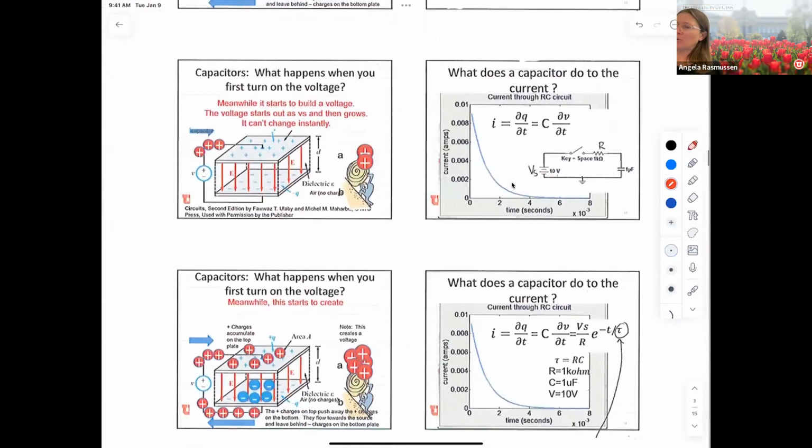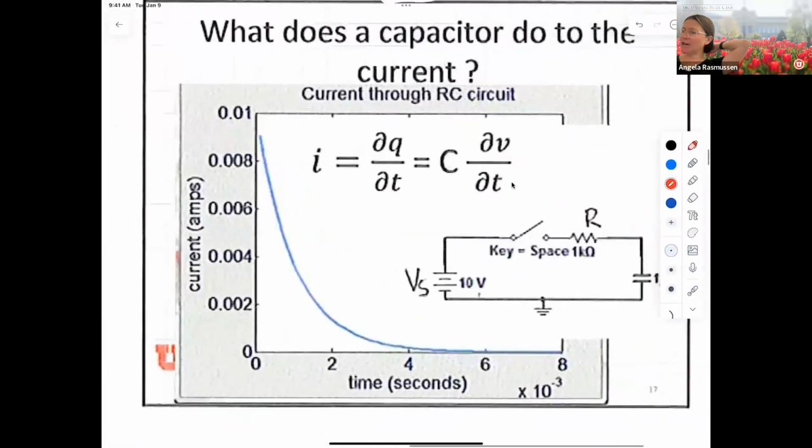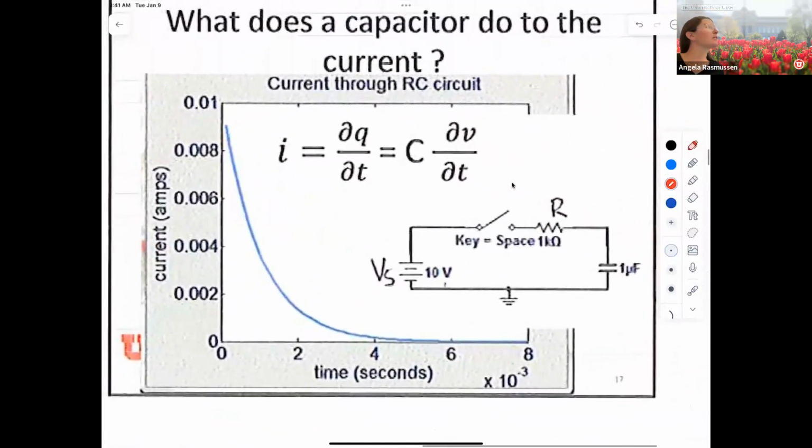Okay, so thinking about what a capacitor does to the current. If you have an RC circuit, and initially it's charged up, what's going to happen to the capacitor there? Well, first off, when I have it connected, there's 10 volts connected here.